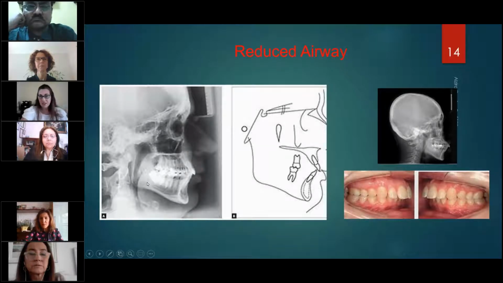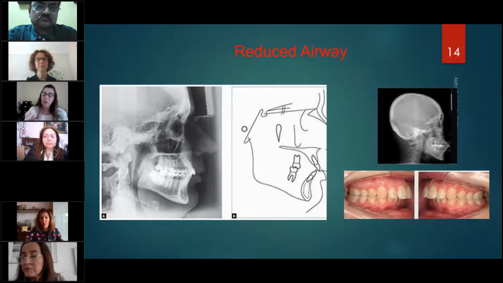With orthognathic surgery, the oropharynx air volume increased due to mandible anteriorization, usually related to maxilla manipulation too. Aesthetically, the chin is also improved.